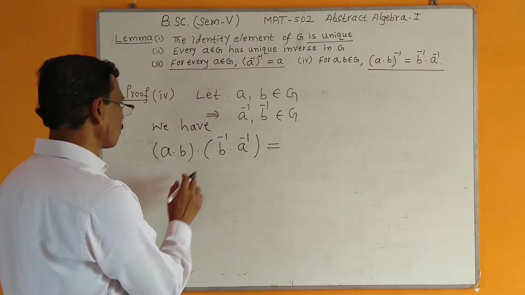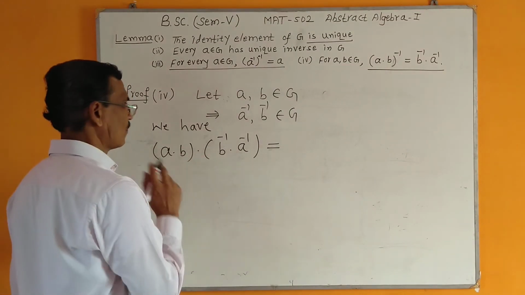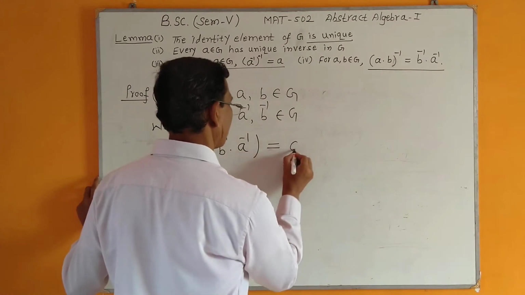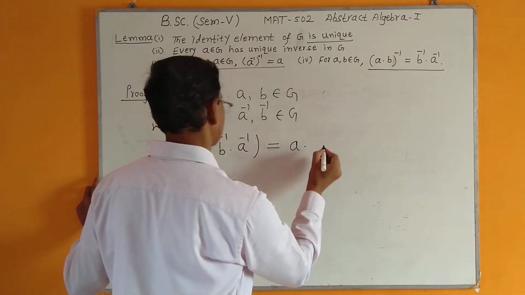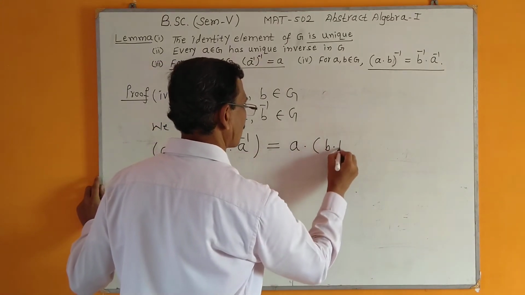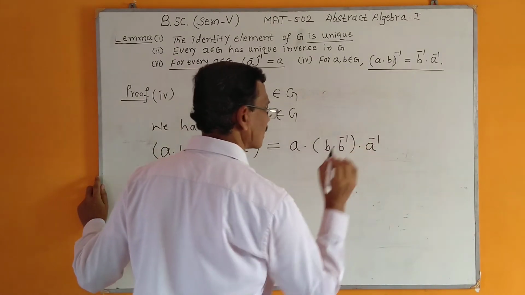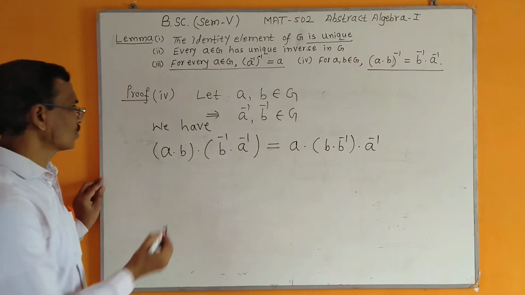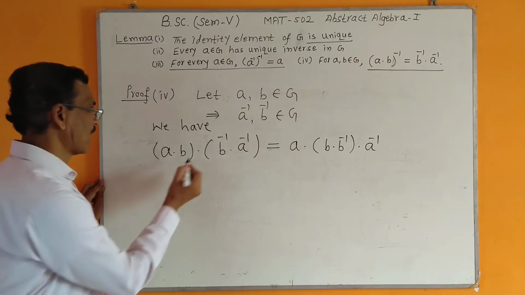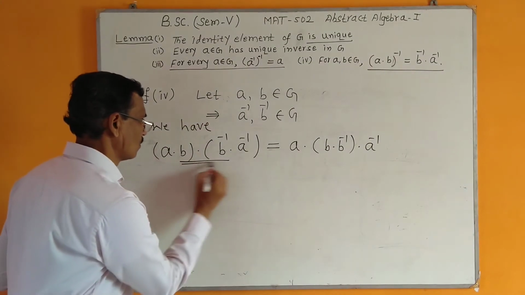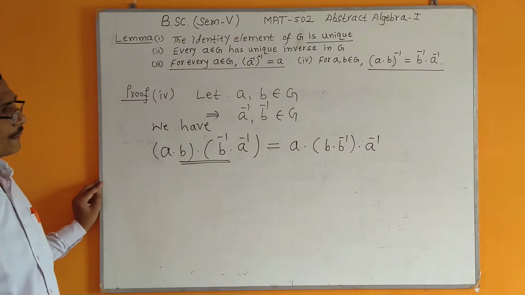Now apply the associative property because they are the same binary operation. By the associative property it can be written as A dot (B dot B inverse) dot A inverse. Associative property means only change the bracket. We have taken these two elements in one bracket.